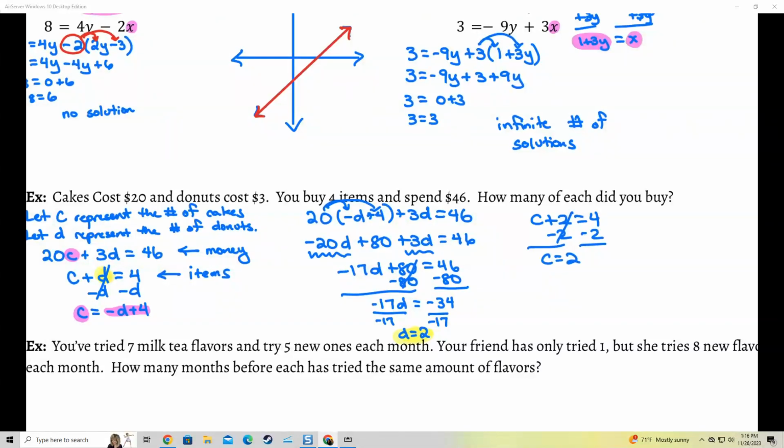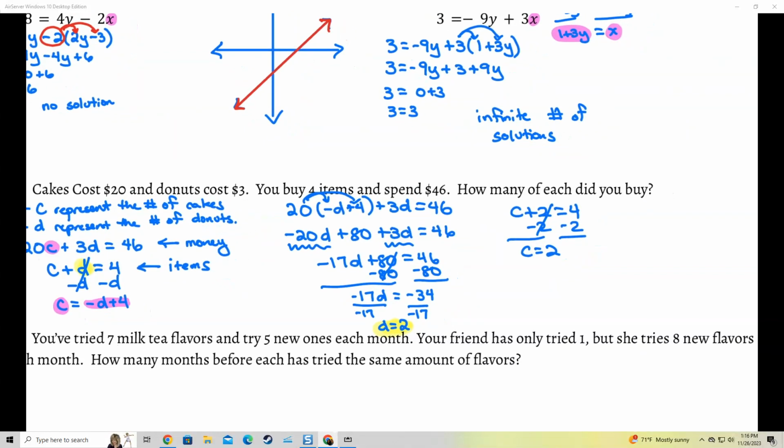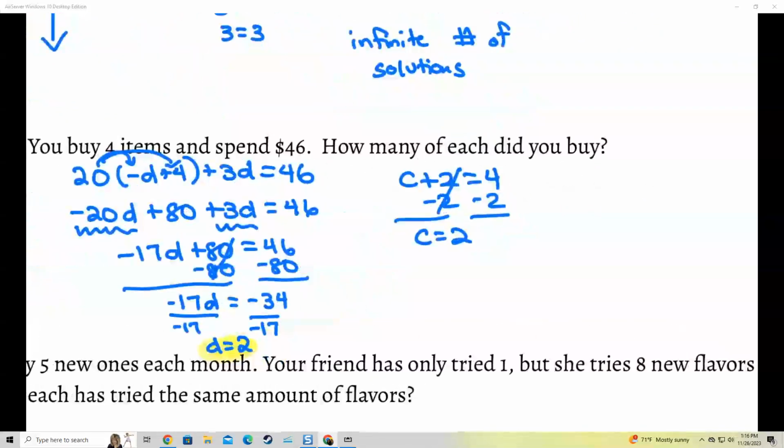Remember what these represented. C was the number of cakes, so I must have bought 2 cakes. And D was the number of donuts, so we must have bought 2 donuts. So we get to say I purchased 2 cakes and 2 donuts.